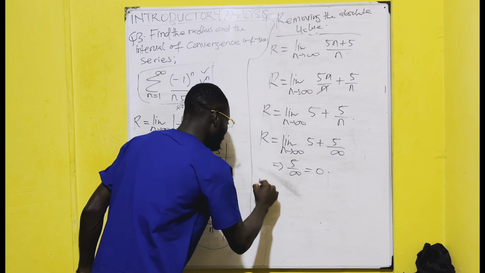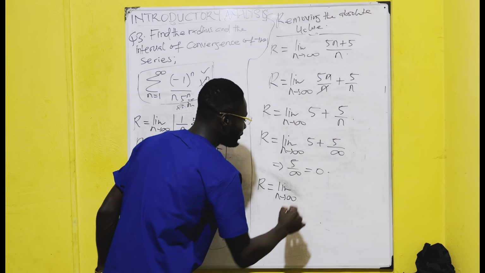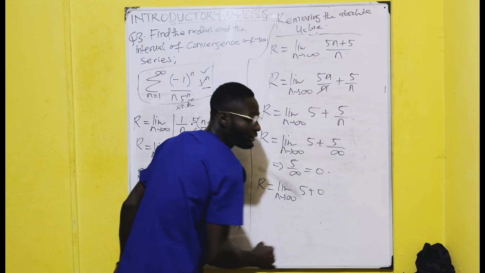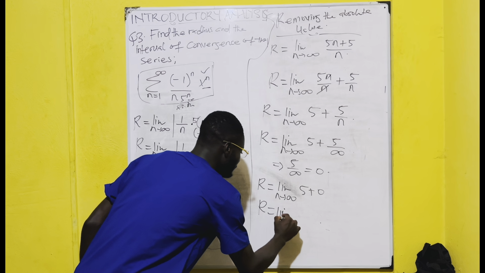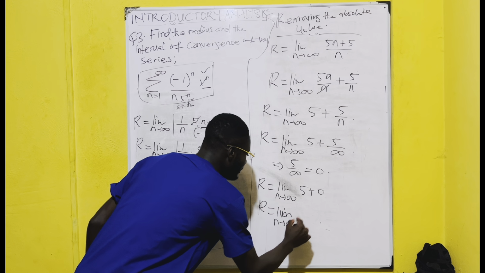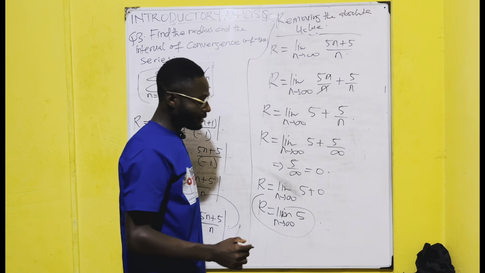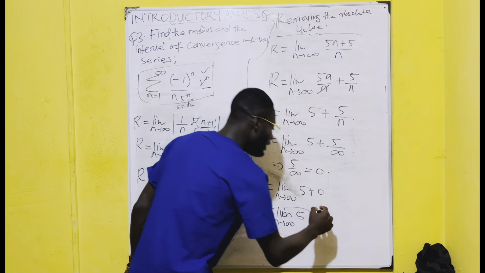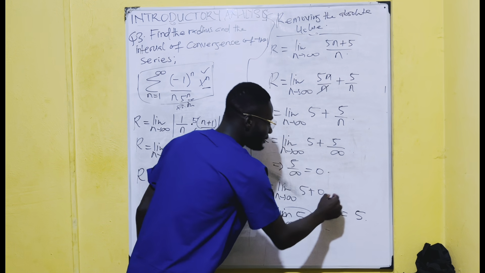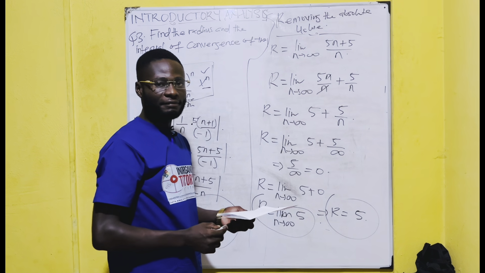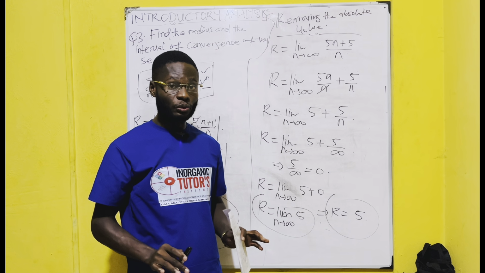So we have our radius of convergence to be the limit as n approaches infinity of 5 plus 0. So the radius of convergence is the limit as n approaches infinity of 5. And we know that the limit of a constant is the same constant. So this implies that our radius of convergence is positive 5. This is so amazing and it is so easy to do.